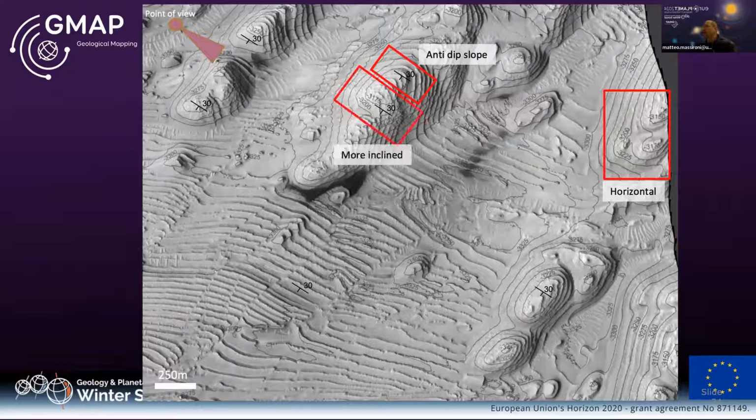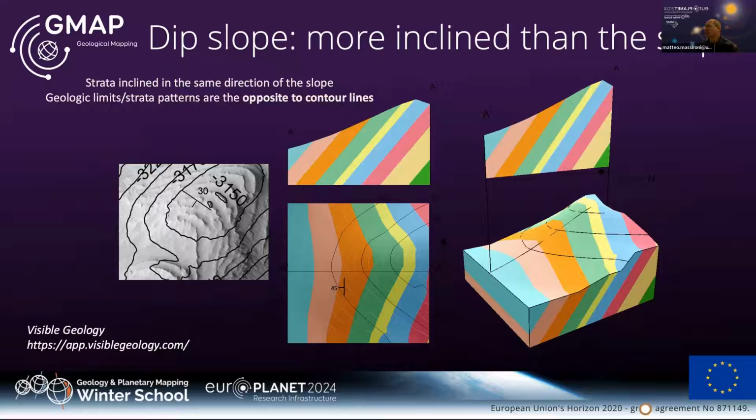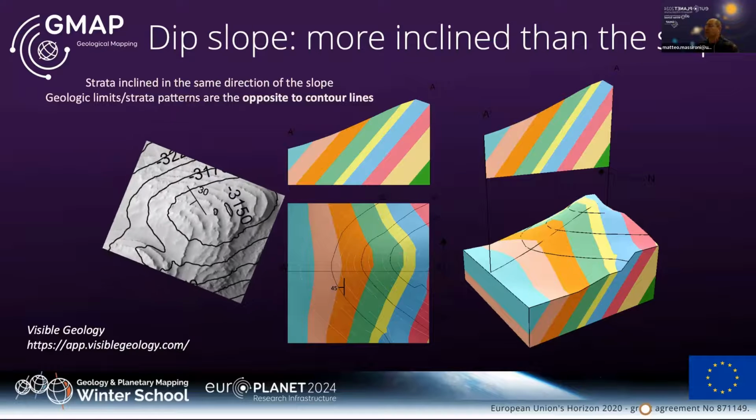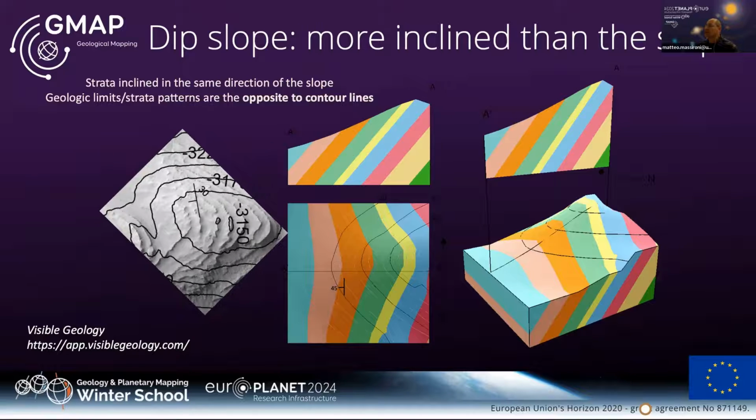Then we may have the case of a dip more inclined than the slope itself. So we may have a condition like this one, in which the stratification is cutting the contour line, but it goes with an opposite shape with respect to the contour line. And how much opposite, or how much the curvature could be in function of the topography, if we maintain the topography constant, depends on the inclination.